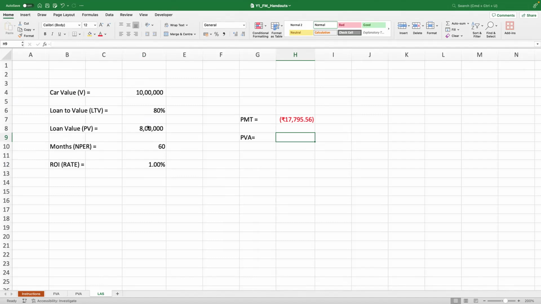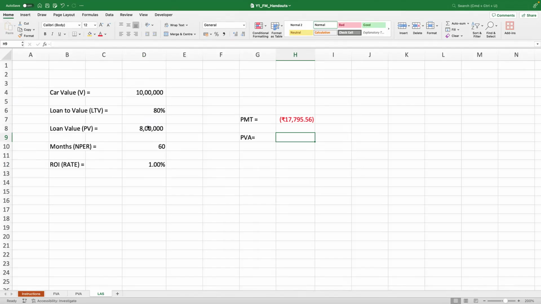So first of all, what is an EMI? EMI is equated monthly installment. So every month you are paying a fixed sum to the bank. So recurring cash flows become your annuity. That's why we use the PMT function also. PMT stands for recurring payment. So ये हो गया annuity.